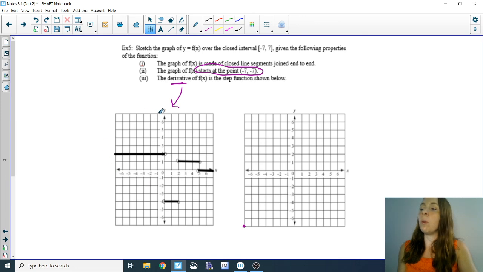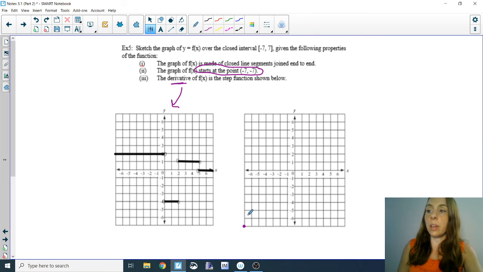So what we see are horizontal line segments for the derivative graph, and that's going to translate to lines of constant slope for our function. I already have my starting point. What I need to do now is establish what's the slope from that starting point and for what interval I am drawing that slope.